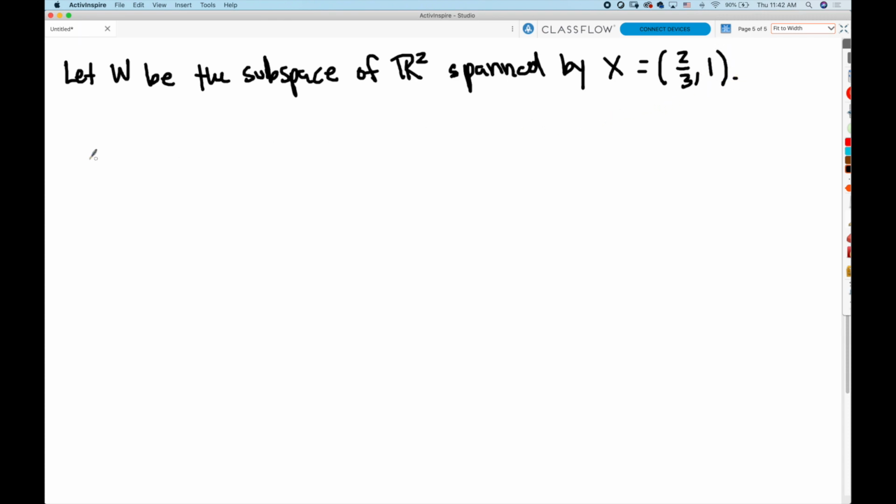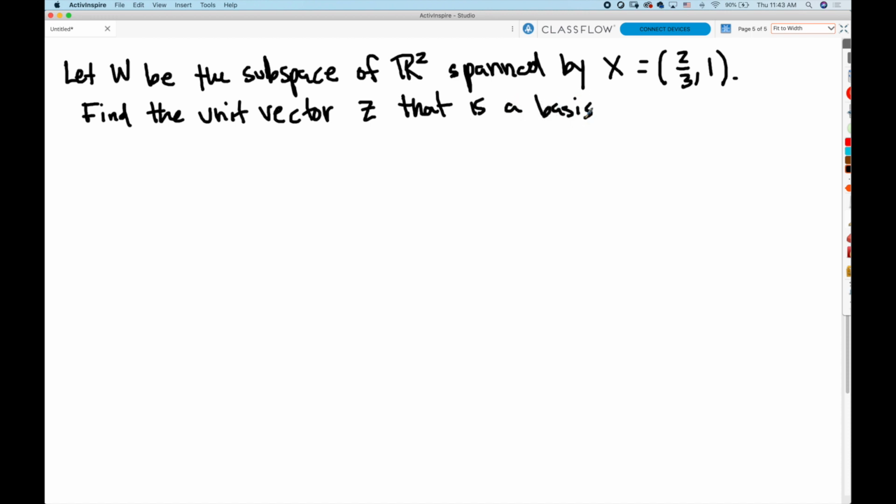We want to find a unit vector z that spans W, that is a basis for W. All right. So W is going to consist of all the multiples of x. So any non-zero vector in W is going to be a basis for W.